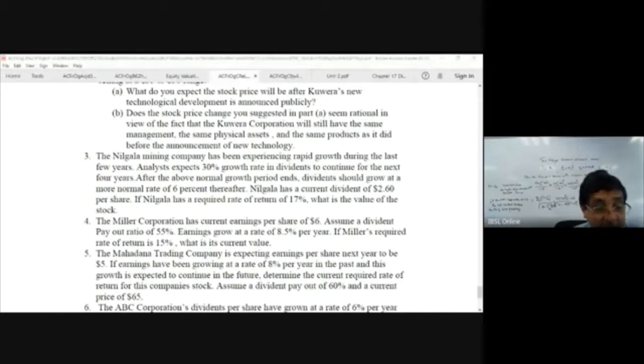The third term would be 260 into 1.3 to the power 3 divided by 1.17 to the power 3. The fourth term is 260 into 1.3 to the power 4 divided by 1.17 to the power 4.